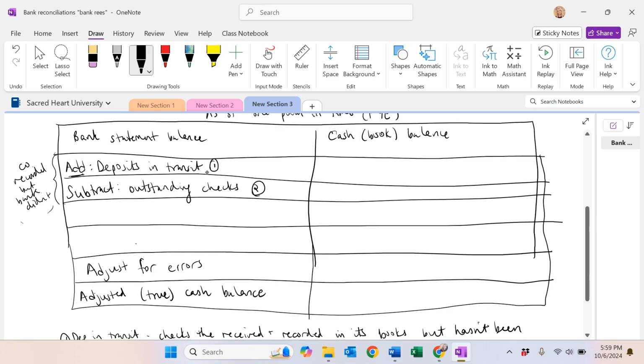We also make the reconciliation from the company's book or cash account in the ledger. Start with the book balance, and then we're going to add collections that were made by the bank on behalf of the company.